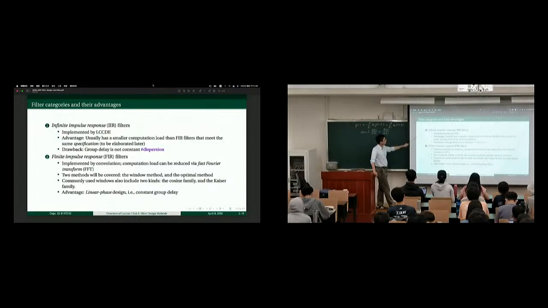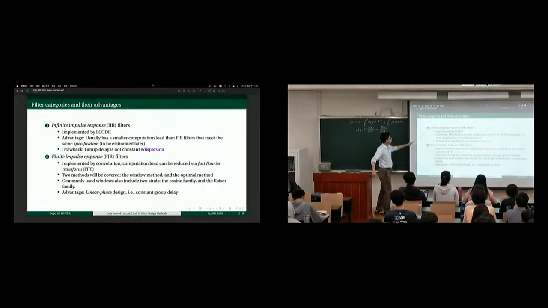The first kind of filter is called IIR, or infinite impulse response, meaning that the impulse response lasts indefinitely, 就是无穷长.